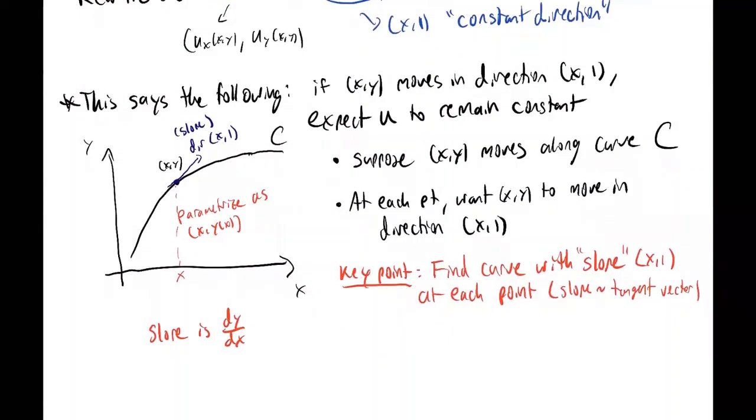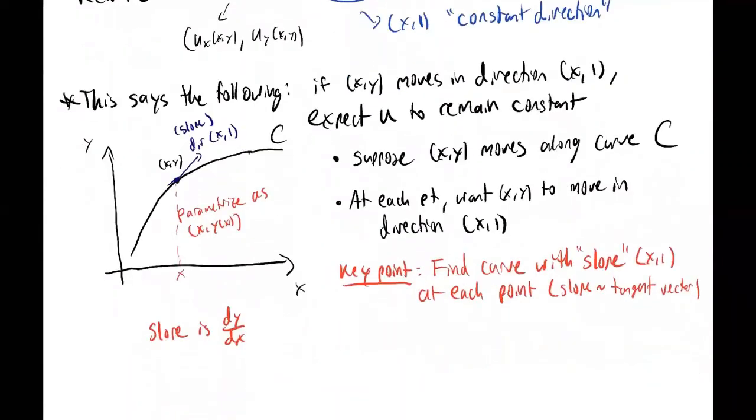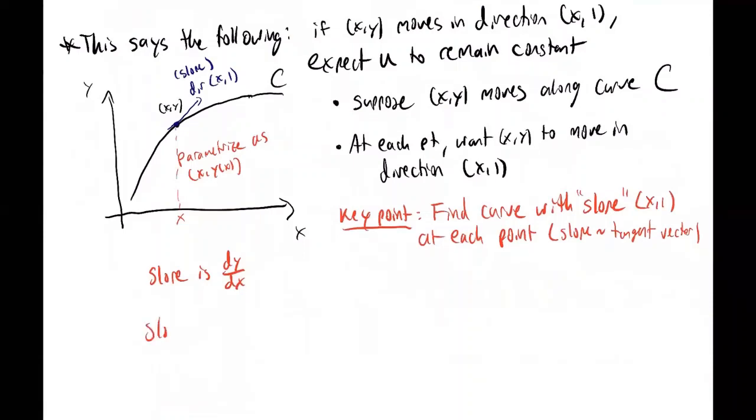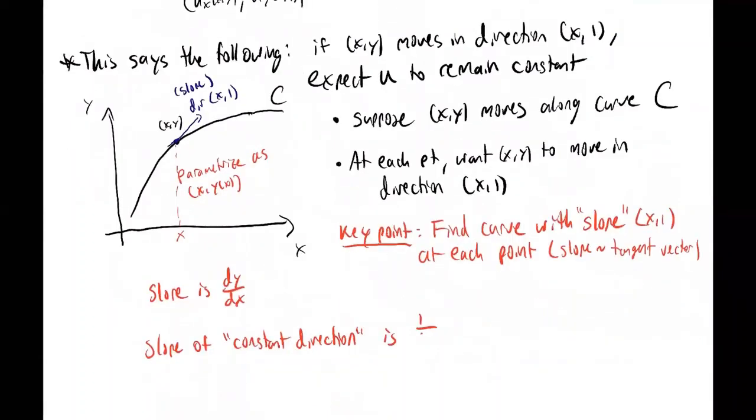So what is the direction we're moving? The slope of the constant direction is, again, the ratio of the y component to the x component. So it's 1 over x.